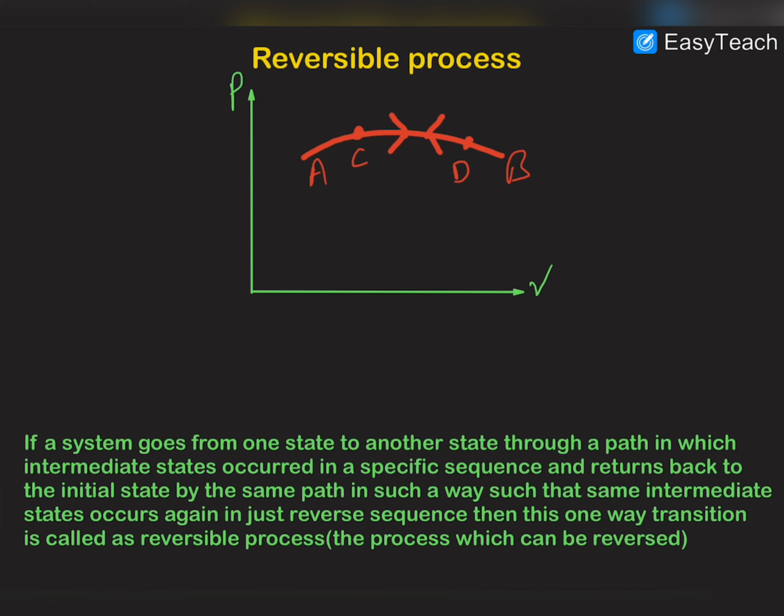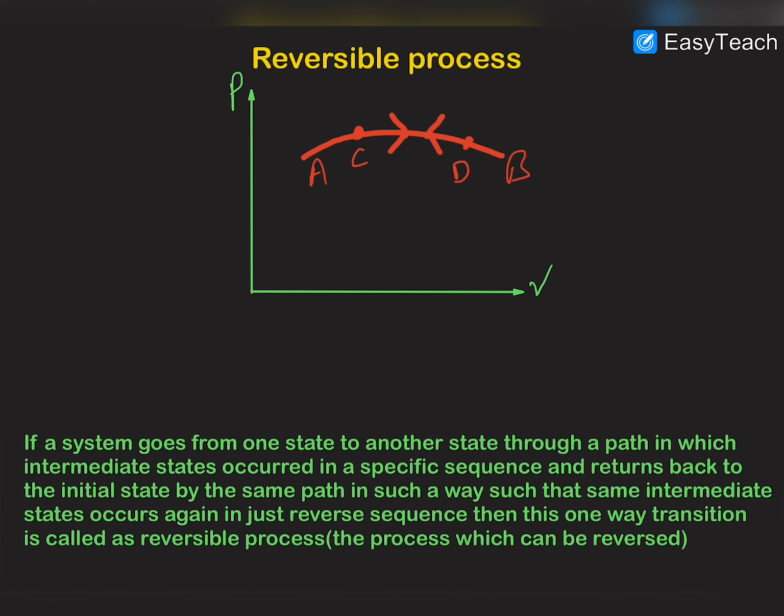So when gas is moving from A to B, the sequence of states is A, C, D, B in going forward direction. Now if this gas is coming back to the initial state A by the same path, and the states which appear in this sequence A, C, D, B reappear in just reverse sequence B, D, C, A, then this complete process is called a reversible process.